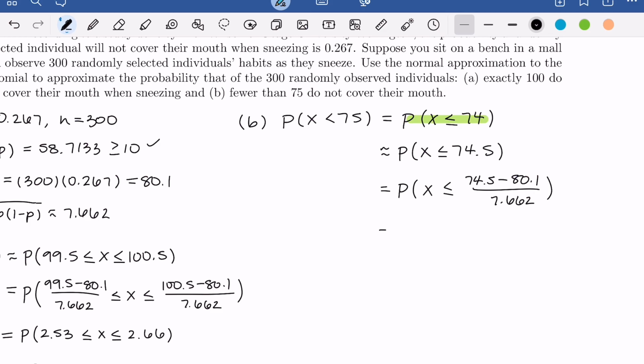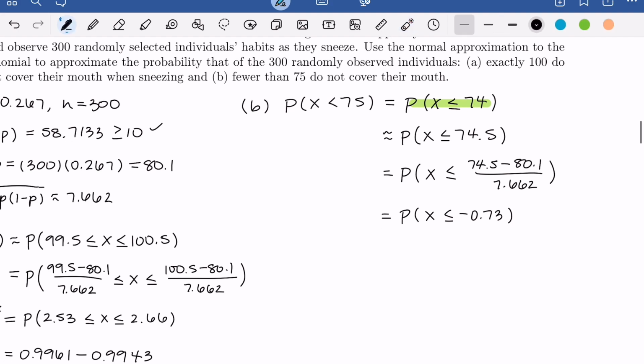Taking this difference and then dividing by our standard deviation, we get negative 0.73. So this is our z-score, and then going to our table, we need to find the value of negative 0.73. That gives us this probability, which is the area under the normal curve, and that is 0.2327.